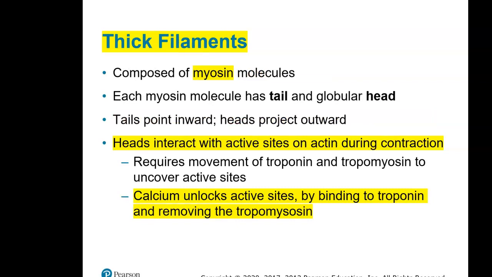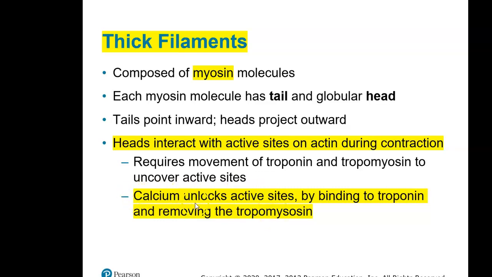The thick filaments are called myosin. They have a tail and they have heads, and the heads interact or bind with the active sites on actin during a sarcomere contraction. The way the active sites are unlocked, and what we mean by unlocked, remember, is there's a molecule called troponin that is holding tropomyosin over those active sites, so the myosin heads cannot bind to the actin.